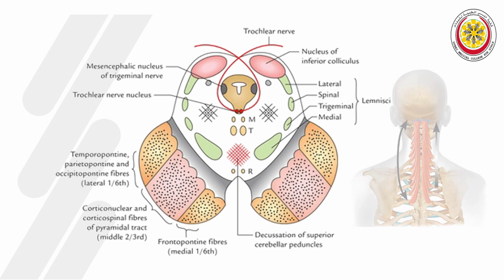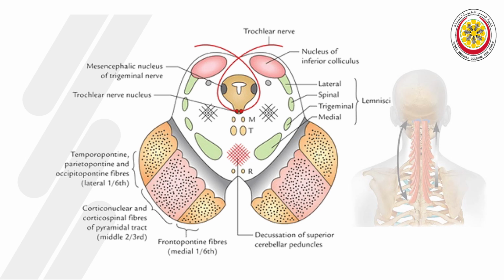Then from the temporal lobe, from the parietal lobe, and from the occipital lobe, these are corticopontine. Some of them are temporopontine, some parietopontine, some occipitopontine. So they end in pontine nuclei.